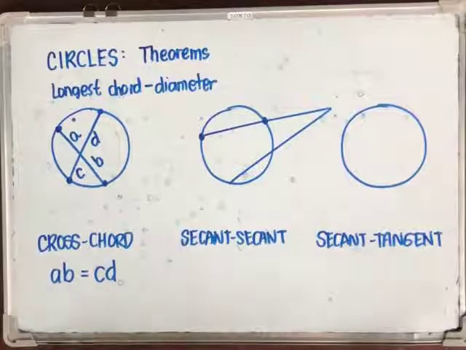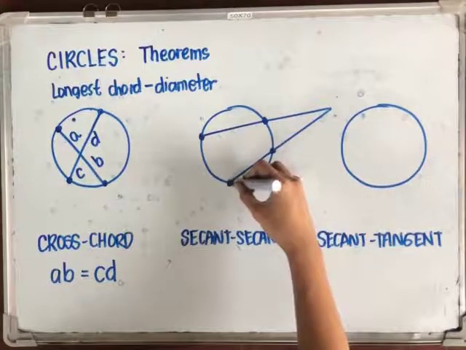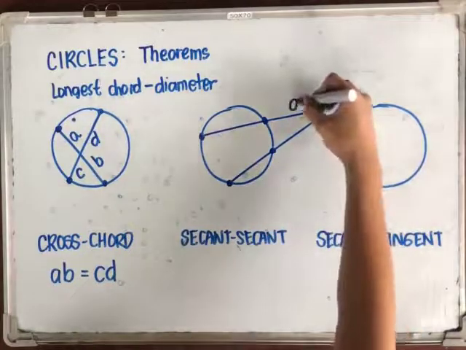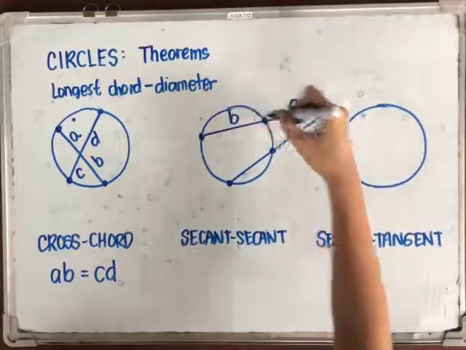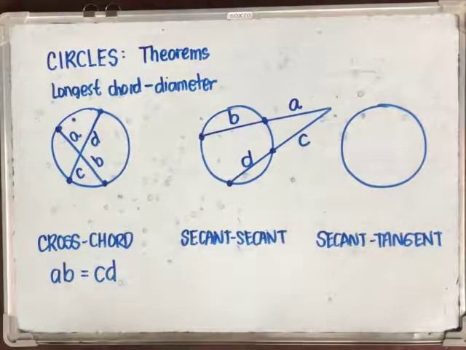Okay? So, anong pwede nating makuha dito sa secant lines na to? Say, lagyan natin ngayon ng measurements. Lagyan natin A yung nasa labas, B yung nasa loob, C yung nasa labas, D yung nasa loob. So, what does the secant theorem is trying to tell us?